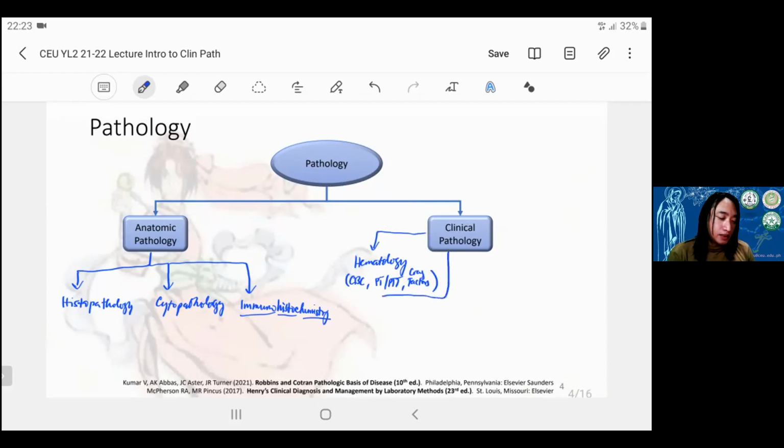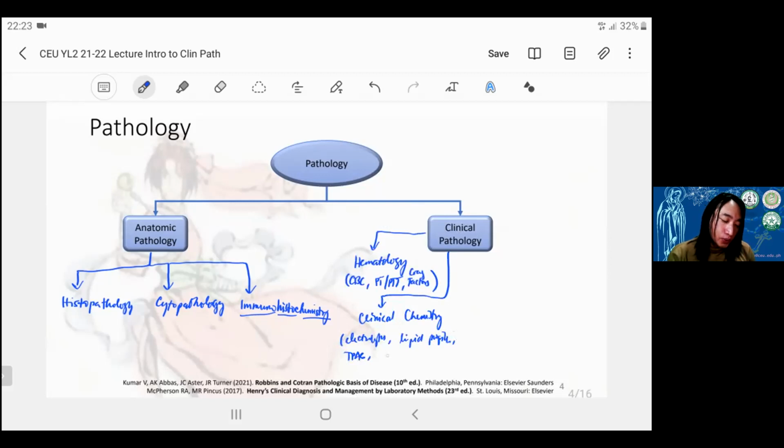Next branch, another commonly requested laboratory test, would be the clinical chemistry. So clinical chemistry encompasses your different blood chemistry assays. So this would be your serum electrolytes, lipid profile, total protein, albumin, globulin. What else?